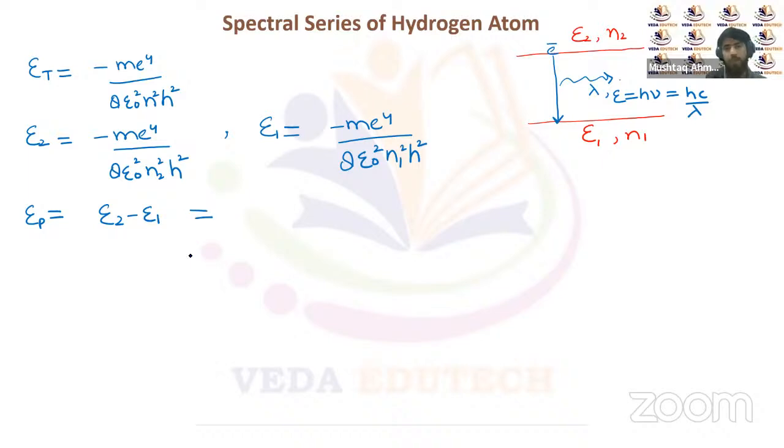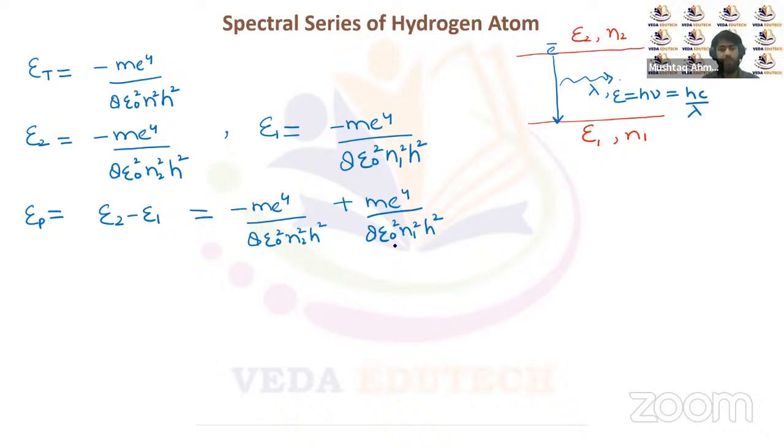E2 is minus me to the power 4 upon 8 epsilon naught square n2 square h square, minus E1, which becomes plus me to the power 4 upon 8 epsilon naught square n1 square h square. So this will be the energy difference between them.